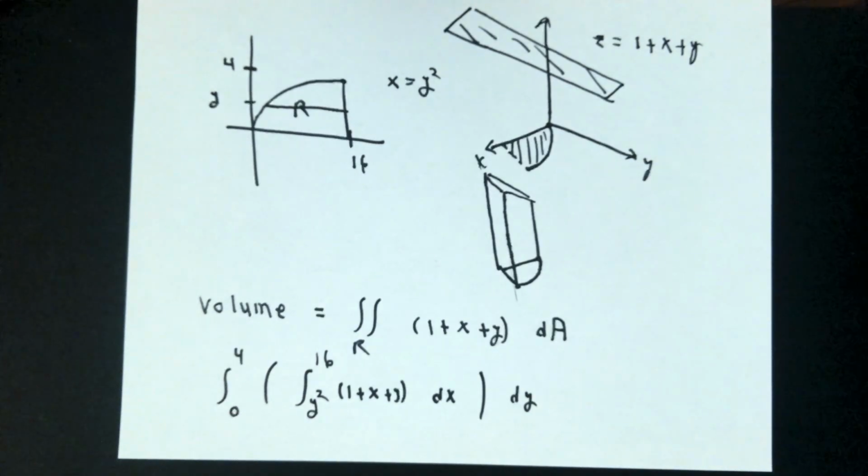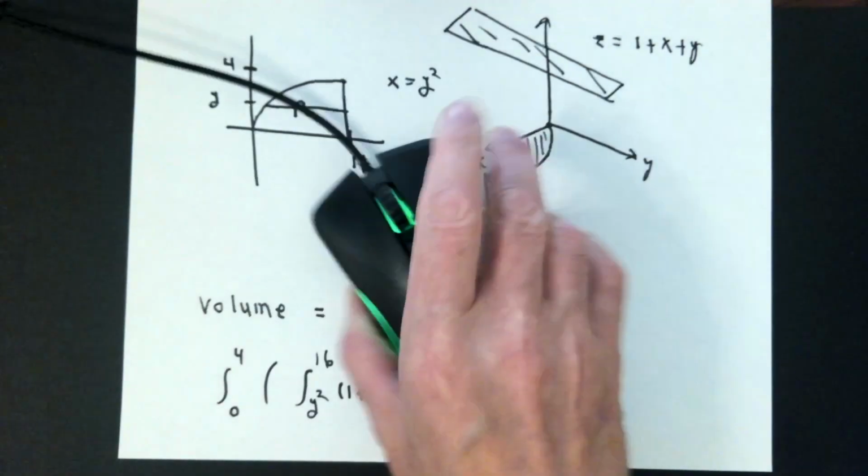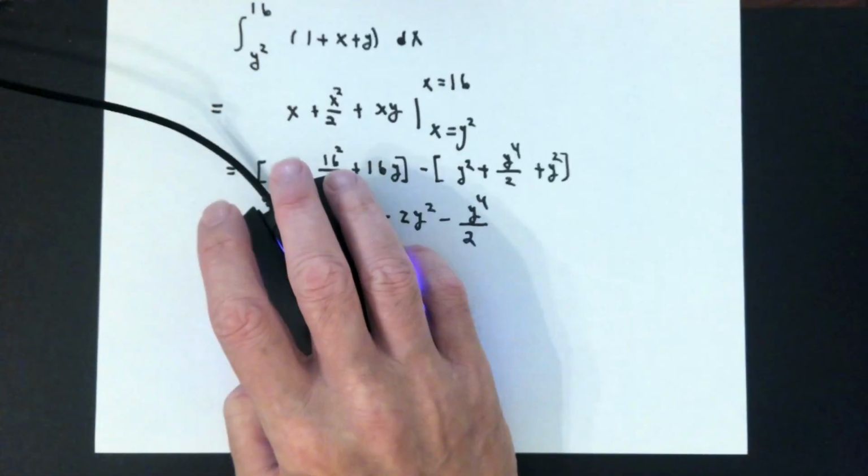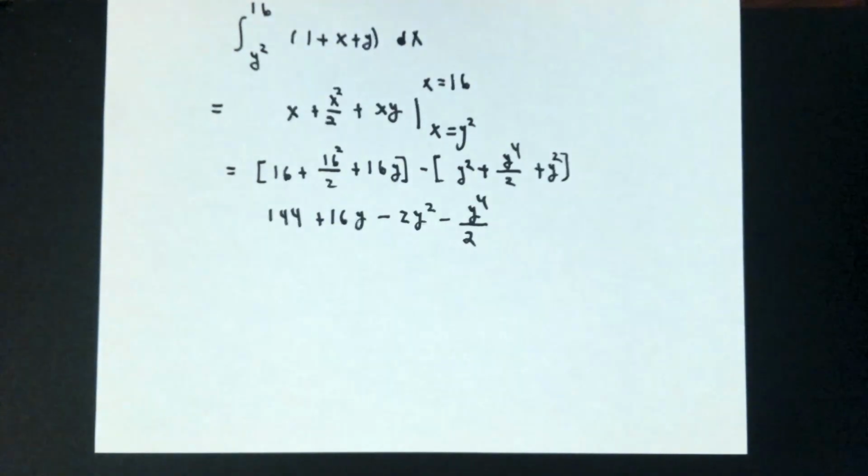As usual, we'll do the inside integral first, and then integrate the result with respect to y from y equals 0 to y equals 4. Working out the inside integral is straightforward.